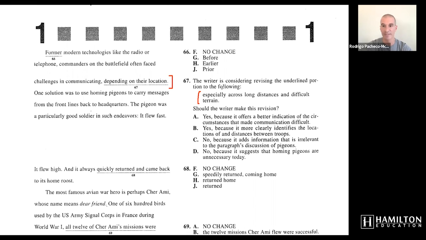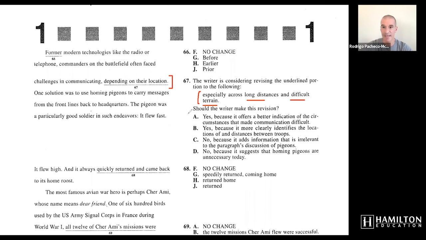What we have here is especially across long distances and difficult terrain. This is more informative than what we have in the text already. So it looks like the author perhaps should make this change. Let's look at the answer choices.